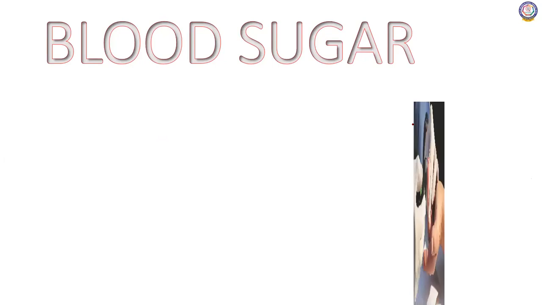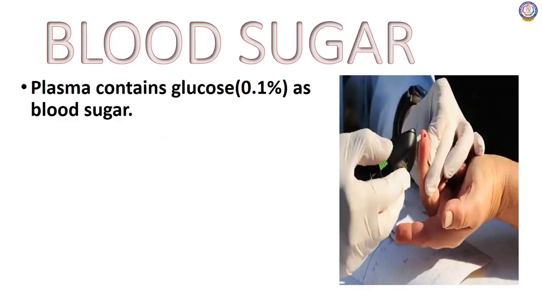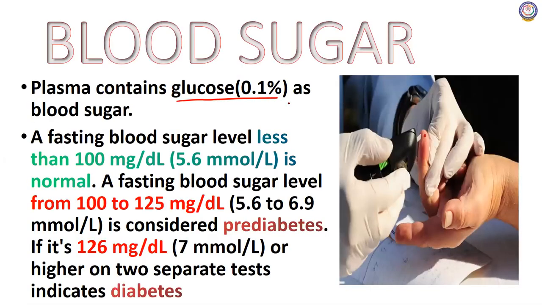Blood sugar can be tested with a glucometer. Blood contains glucose 0.1 percentage as blood sugar. It's another one mark question. A fasting blood sugar level less than 100 milligram per deciliter, that is 5.6 millimole per liter, is normal.